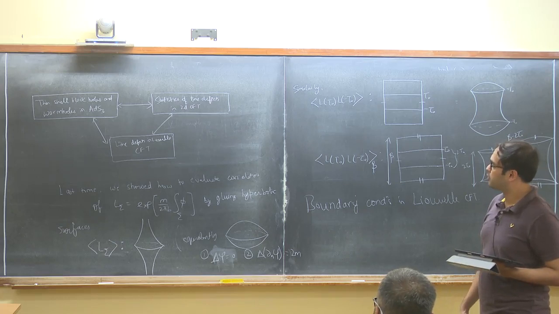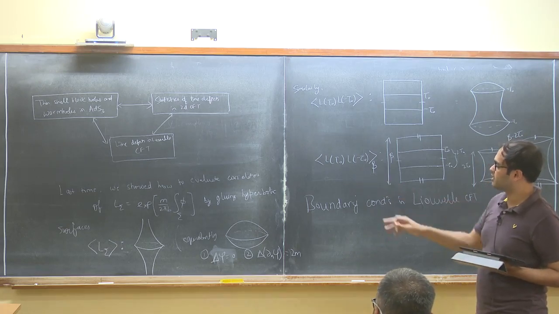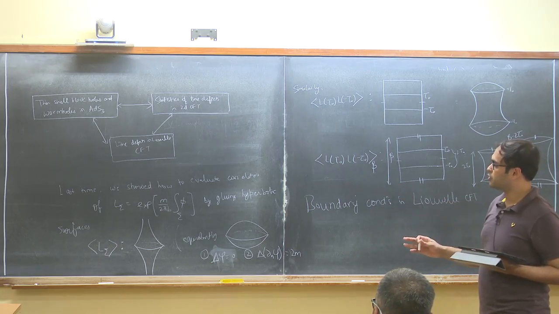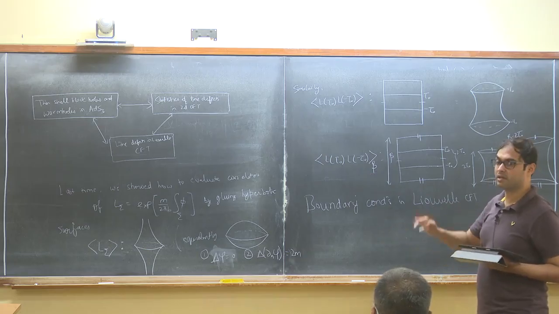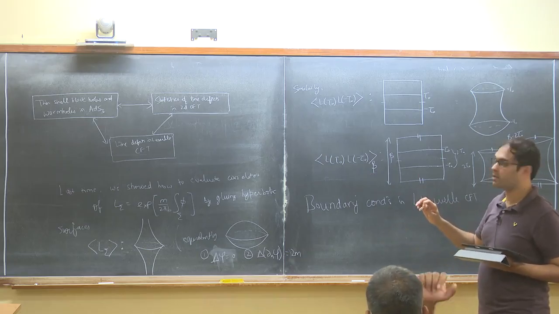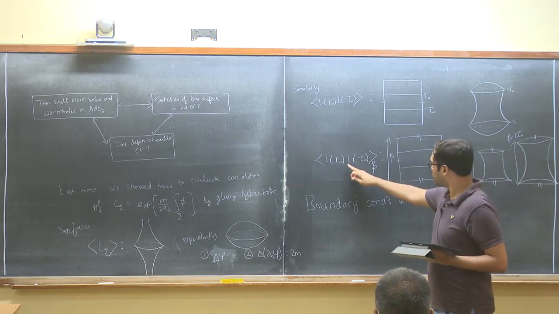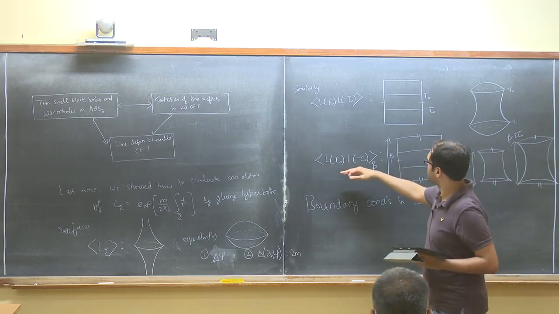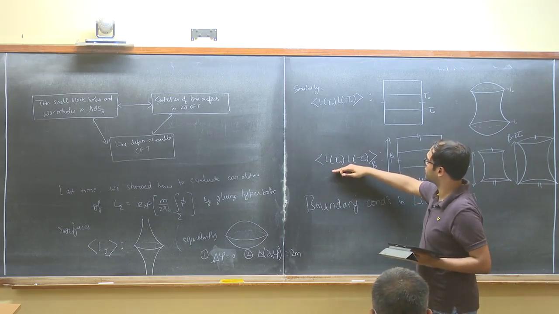It's only because this match only occurs when there are two boundaries. I thought all these things are single boundary. So this matches with the action of a two boundary wormhole.